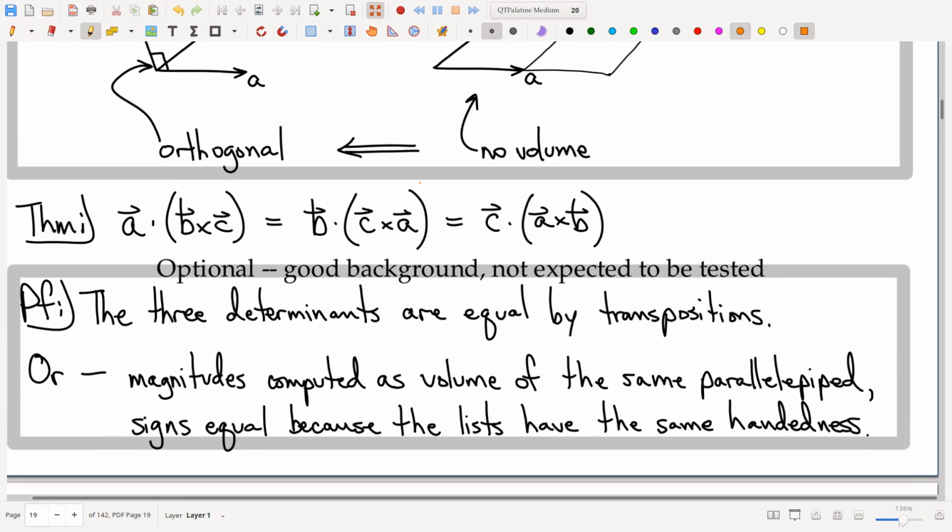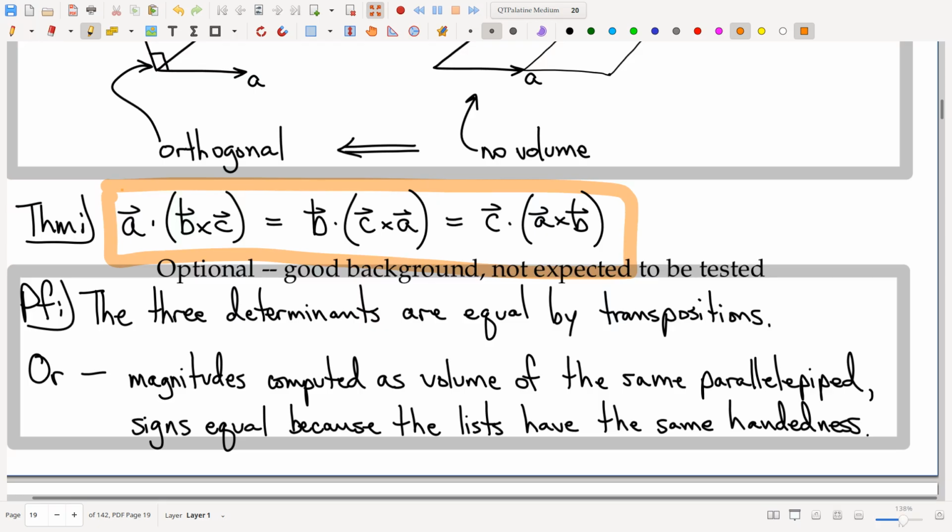Triple products have a weird kind of symmetry about them, and that is that you can cycle the vectors in that list, if you will, and the cycling doesn't change the value of the triple product. Now, is that kind of familiar? Yeah, it probably kind of is. And this isn't hard to prove.